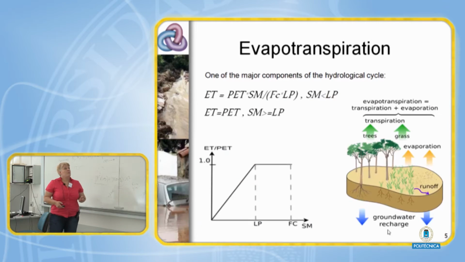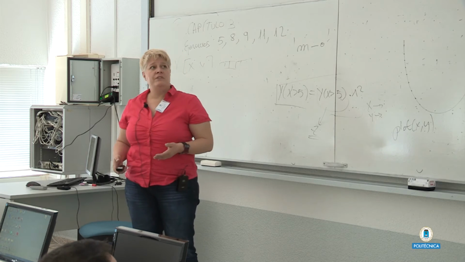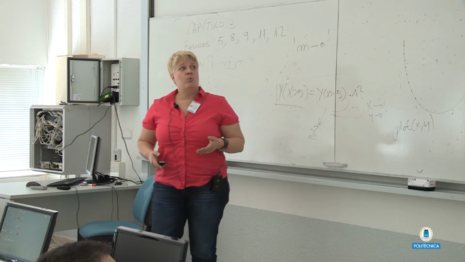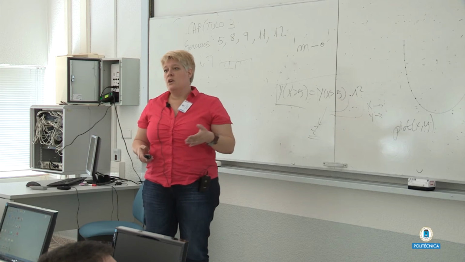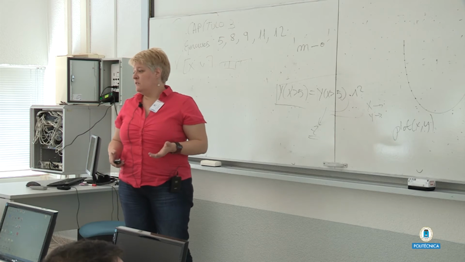The next process is evapotranspiration. That is one of the major processes of the hydrological cycle. You probably know that evapotranspiration means evaporation plus transpiration. Evaporation is water that is converted to vapor from the soil or from the water surfaces, and transpiration is vapor that is produced by metabolic activities of the plant.